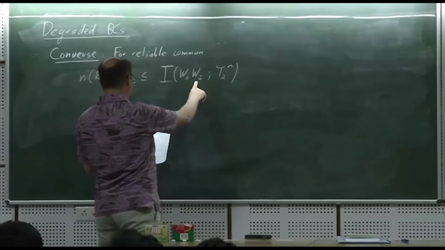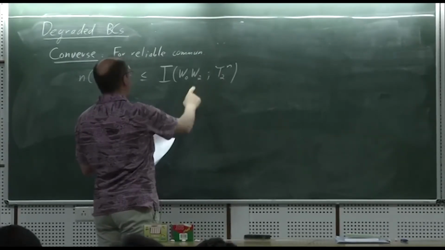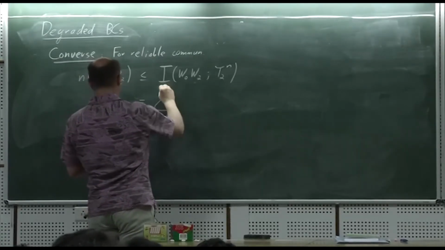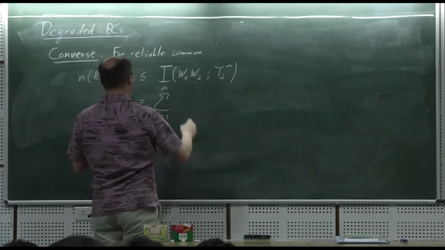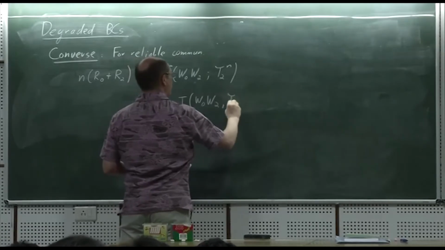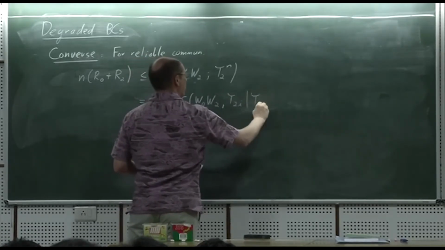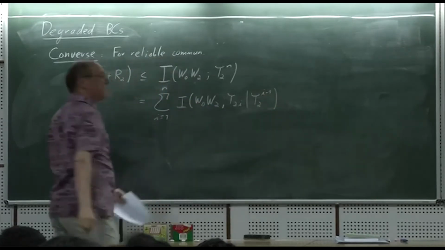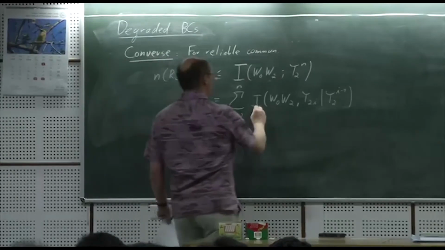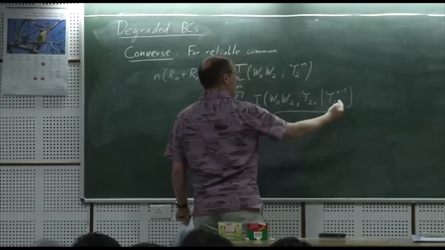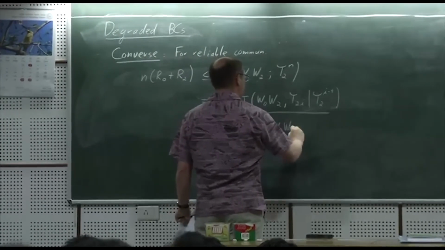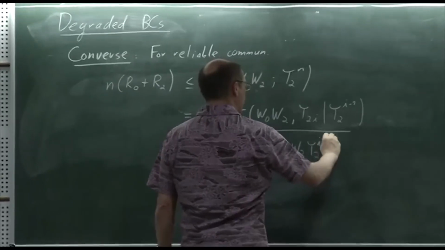Okay, now here we just apply the chain rule, so actually absolutely nothing special. This is just a summation from i equals 1 to n of I(W0, W2; Y2i given Y2^(i-1)). Let's just use the chain rule for mutual information. And this thing here is less than or equal to, if I put that up front, that's easy to see, just use the chain rule.